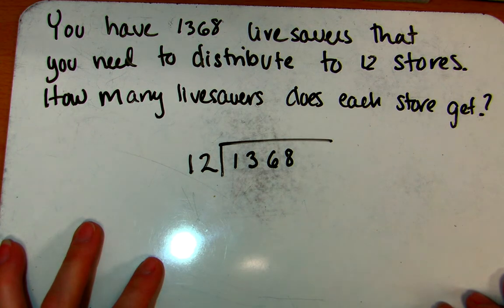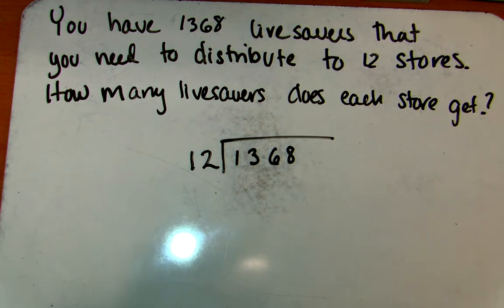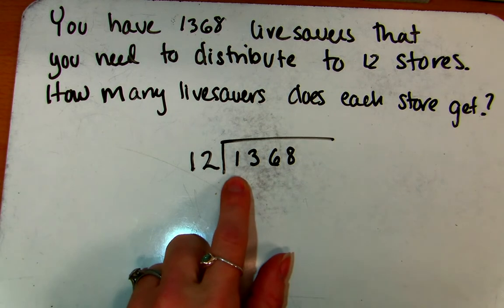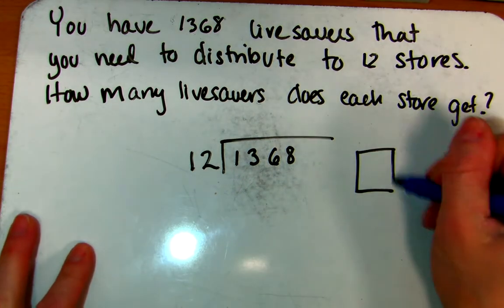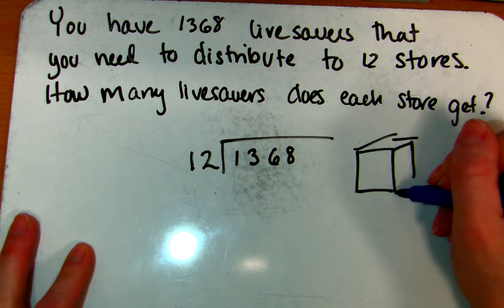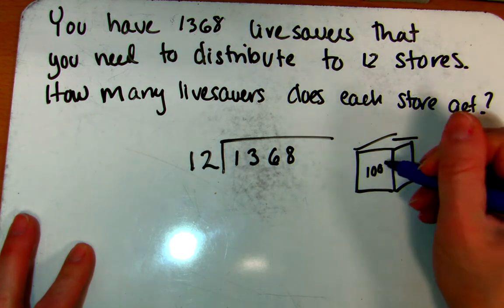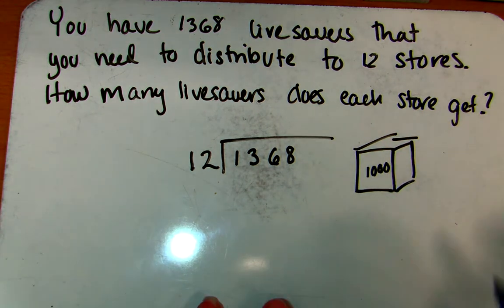So remember, if we had our Lifesavers, we've got single Lifesavers, rolls of Lifesavers, boxes of Lifesavers, and crates of Lifesavers. So the 1 in the 1,368 represents that big crate, right? One of these of 1,000 Lifesavers because it's got 10 boxes in it.